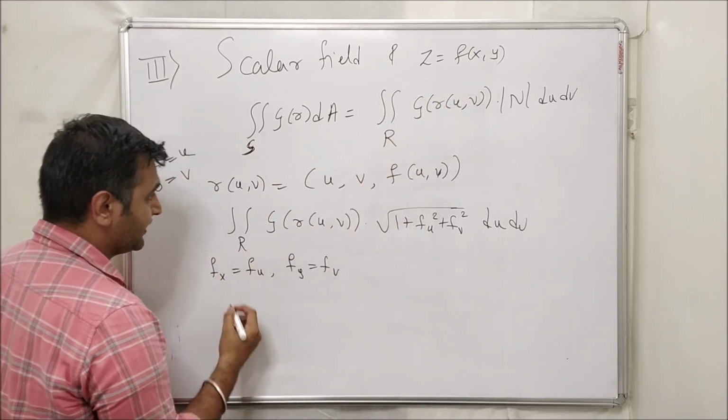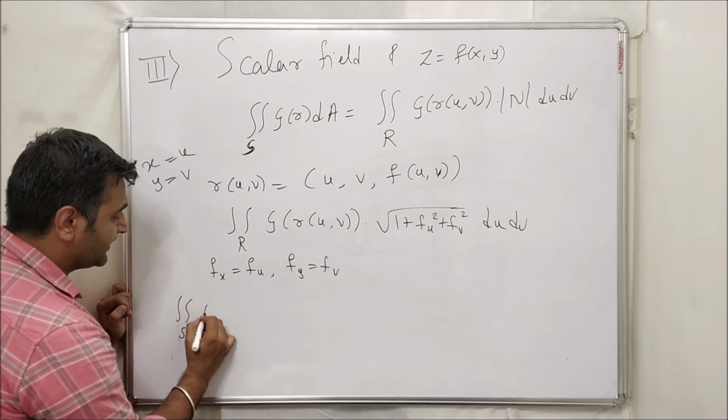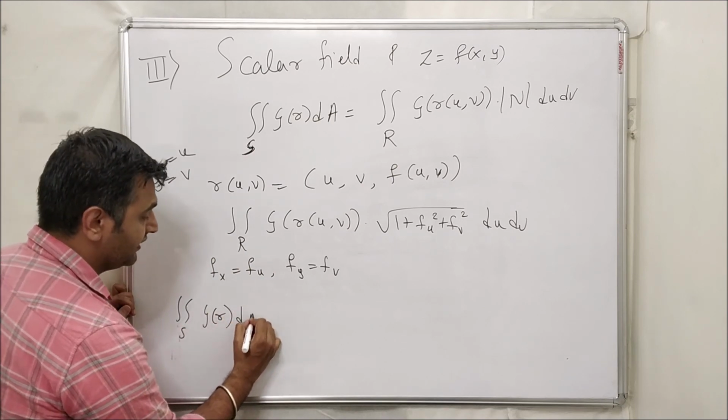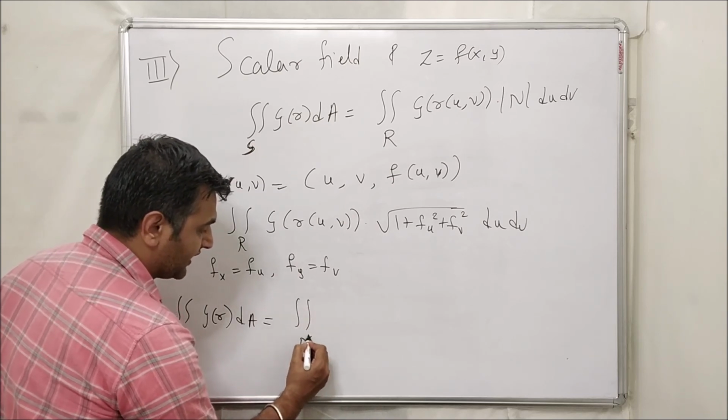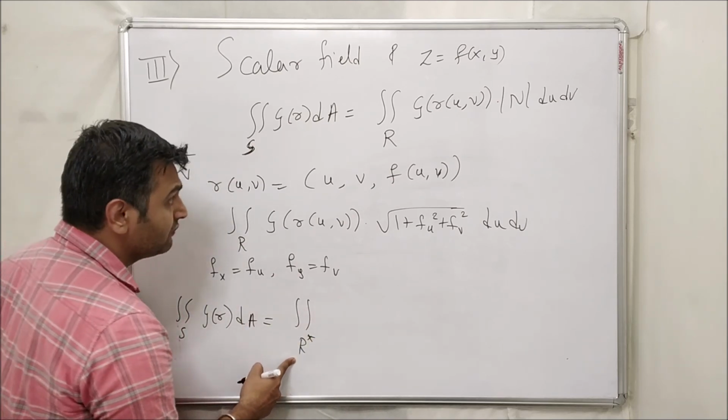Because of this, your surface integral of g of r dA can be written as the double integral over R star. I will tell you what this is.